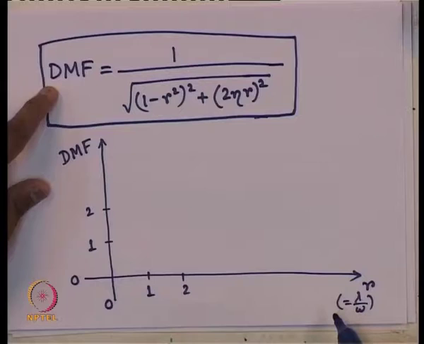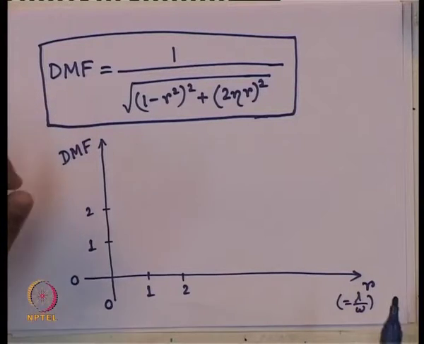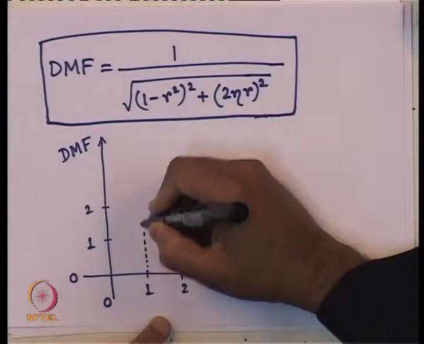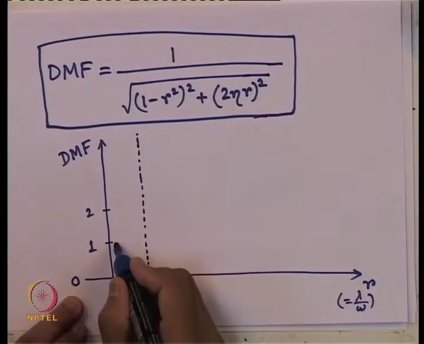So, for that case, how much will be the displacement for the system? It should be nothing but the static displacement. That is why we are getting the DMF equals to 1. So, that is the physical significance which we have understood. Let us draw certain lines here, it will be easy for us later on.